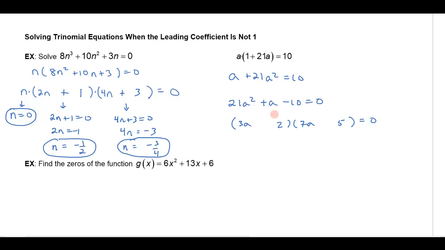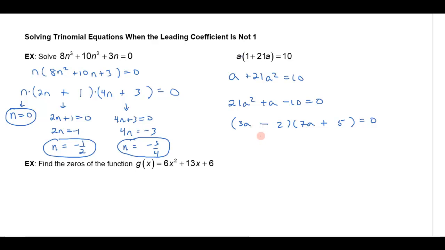Which means if they're different signs, I'll be adding one of these and subtracting the other one. So notice if I put a plus here, that'll give me a plus 15a. And I want a plus on the biggest of those two factors, the 15 and 14, because I want it to end up being plus in the middle. Then let's put a minus right here. So I got 15a minus 14a is 1a, and then the negative 2 times 5 is negative 10.